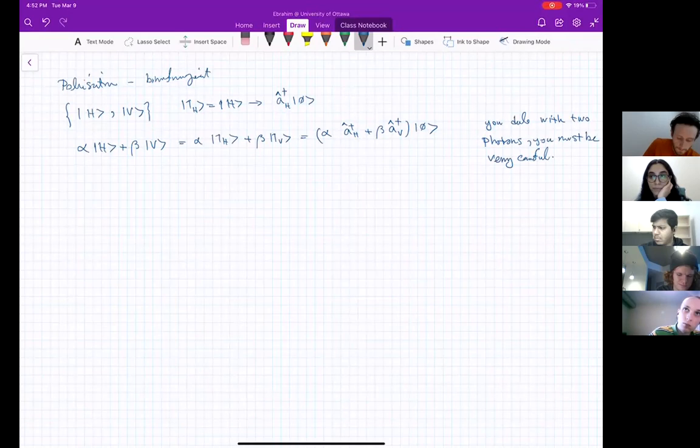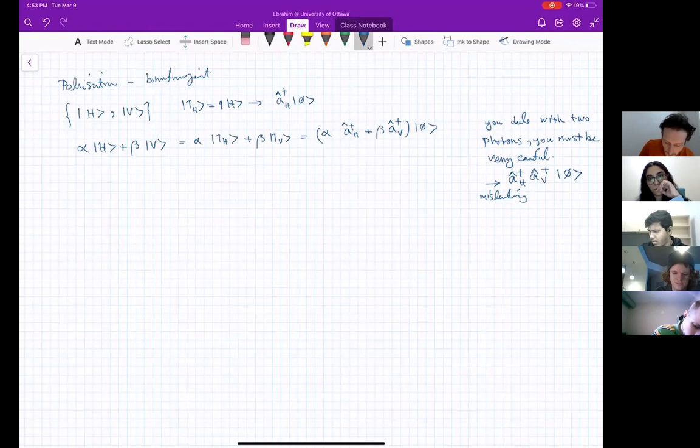One example is when you have one photon in H and one photon in V. This formalism is misleading. You will see later on, I will give you an example of why that can be misleading.